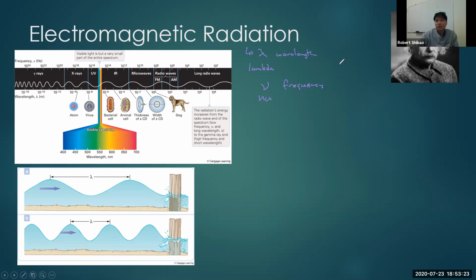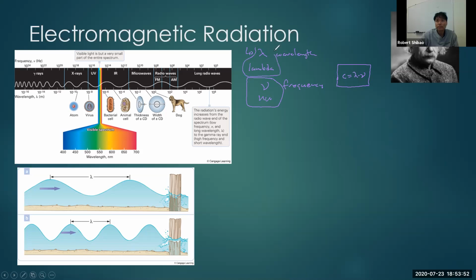There's a relationship between lambda and nu. And this relationship is this: c is equal to lambda times nu. c is the speed of light. This is nu here. This is lambda here.